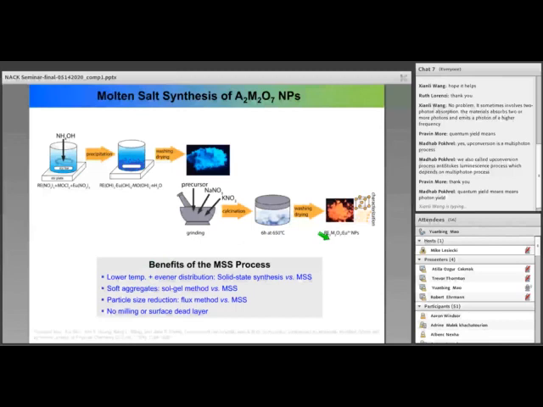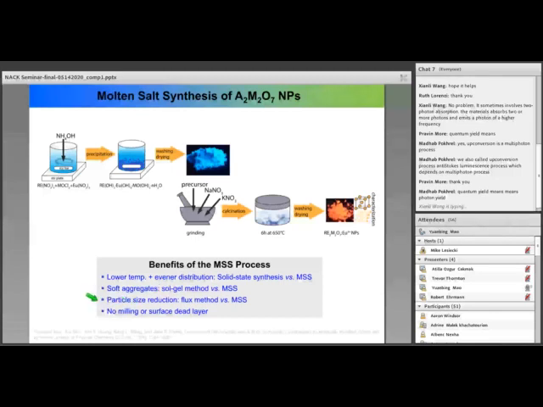And then the other thing is, by using this molten salt synthesis compared with the sol-gel method, the nanoparticles we make have very little aggregation, but in sol-gel synthesis, they aggregate. Even though technically we can say they are nanoparticles, they aggregate to form much larger particles, mostly in micrometer scale.